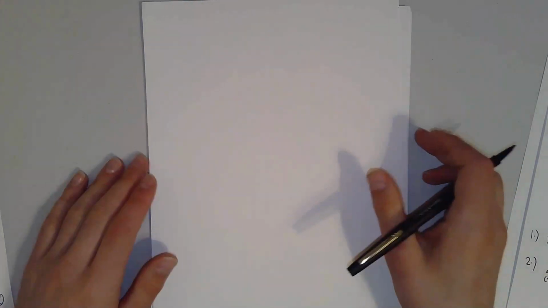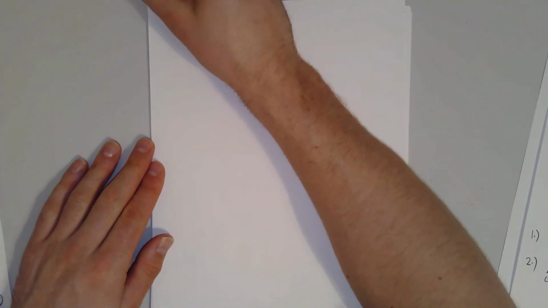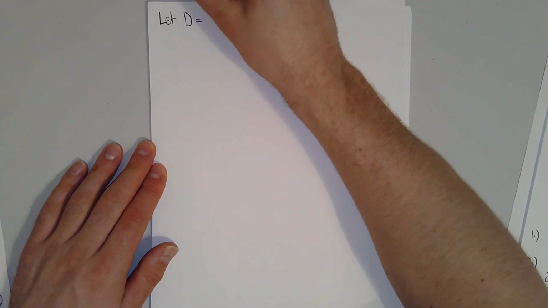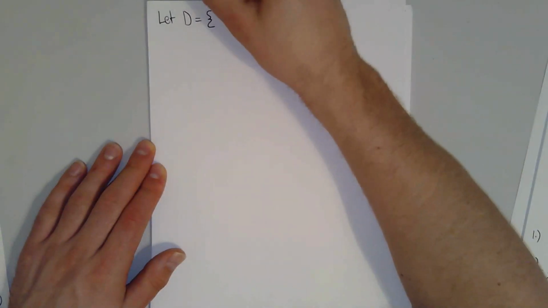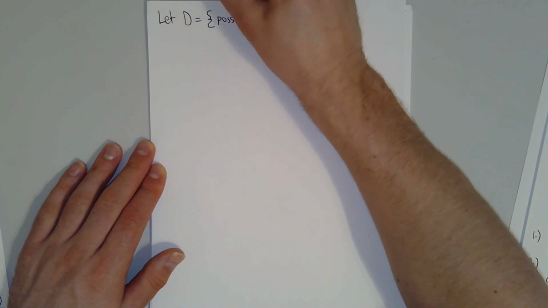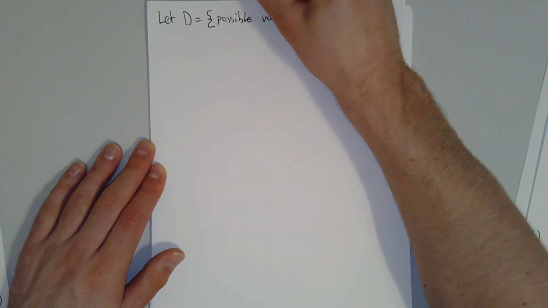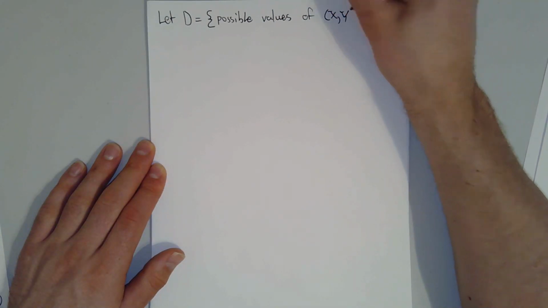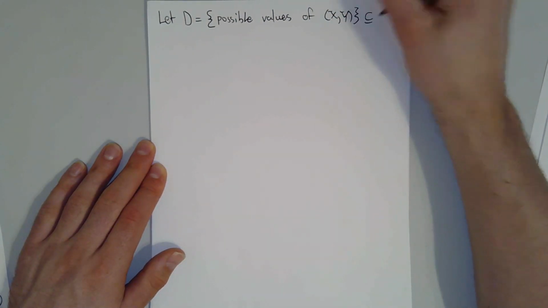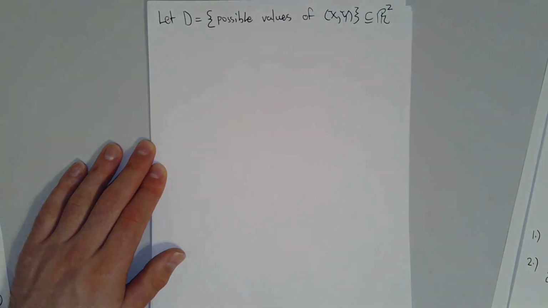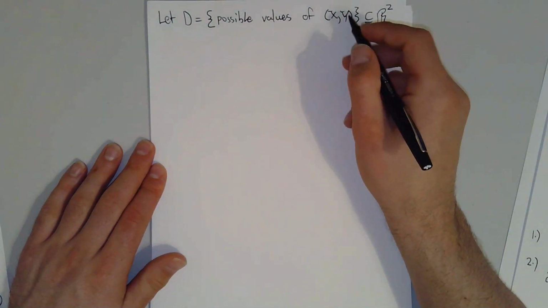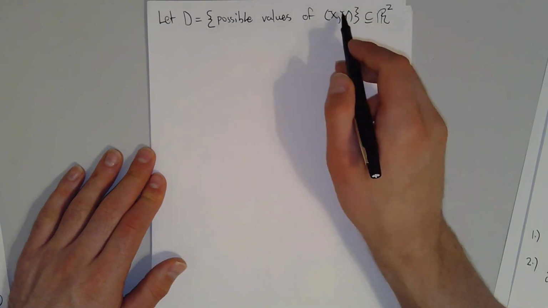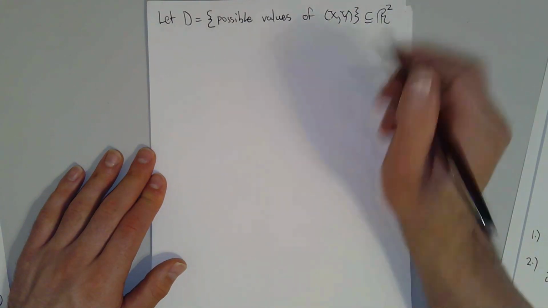To be a little more precise, we can let capital D be the set of possible values of the ordered pair of random variables x comma y. This can be seen to be sitting inside the plane, so inside of R2.